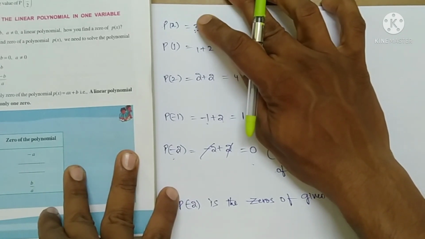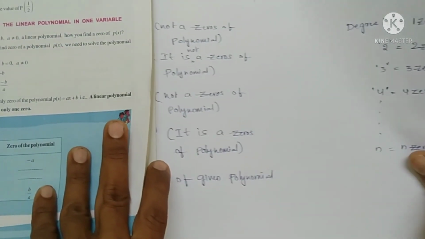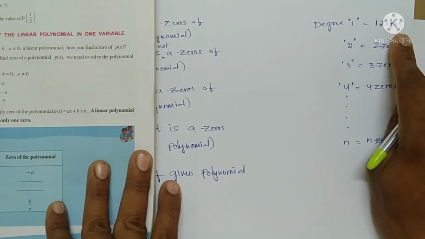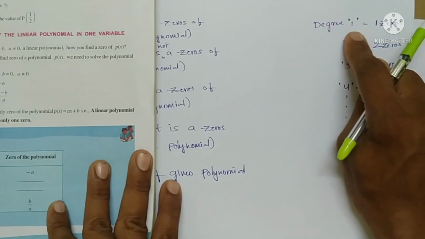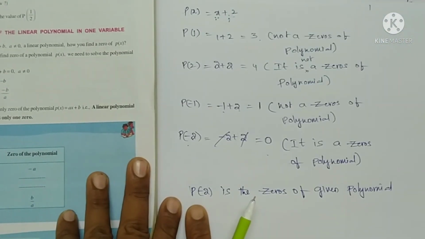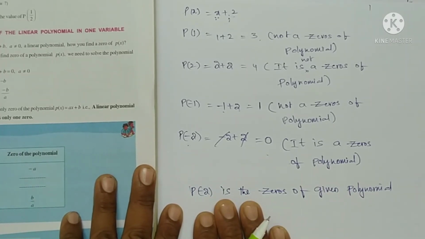The degree of x is 1, right? So for a degree 1 polynomial, the number of zeros is 1. For degree of polynomial 1, we can get 1 zero of the polynomial. So here the zero of the polynomial is x equals minus 2.